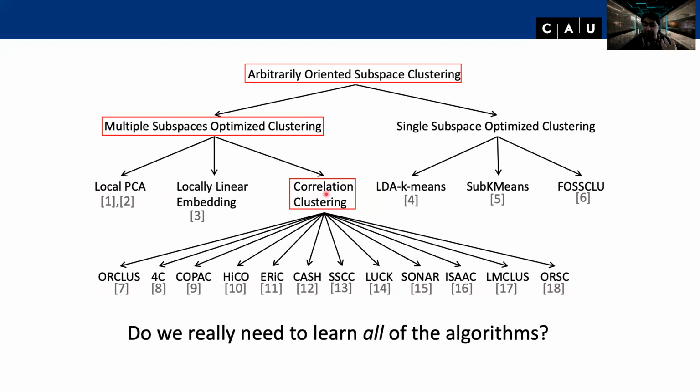So here the focus was on clustering by finding clusters that reside in low dimensional subspaces. And now you see here all these algorithms like ORCLUS, 4C, COPAC, HiCO, ERiC, CASH, then SSCC, subspace correlation clustering, LUX, SONAR, ISAC, LMCLUS, or SC, and there may be many, many more which are not captured here.